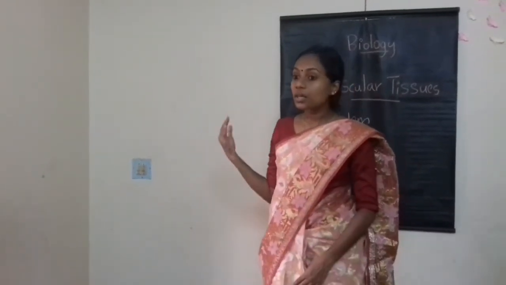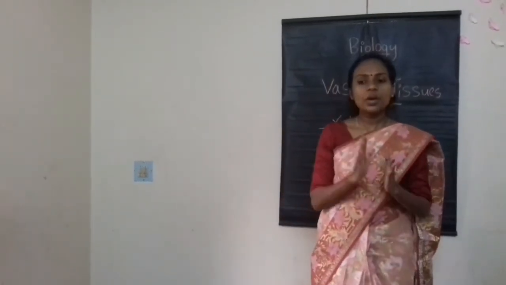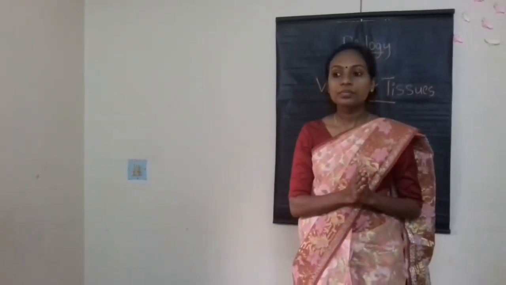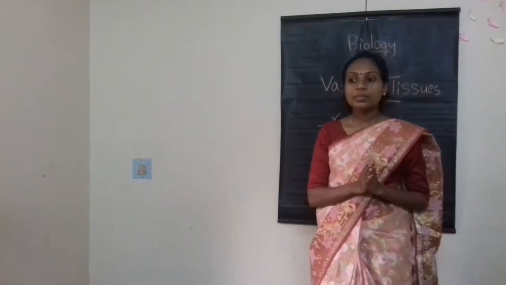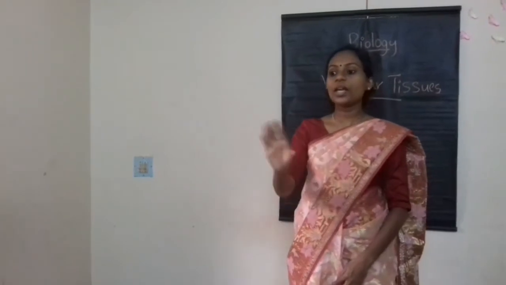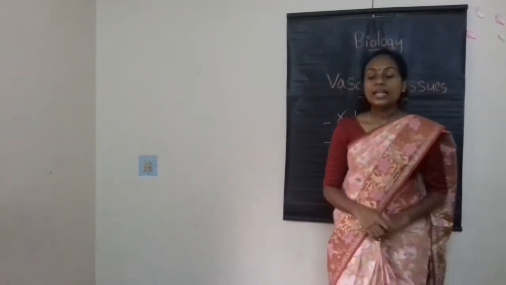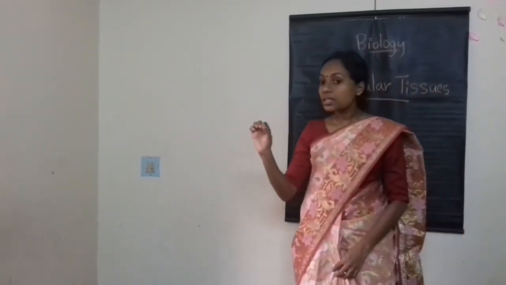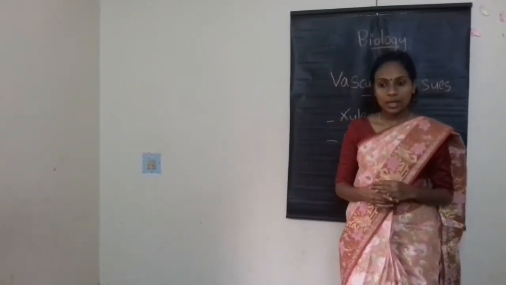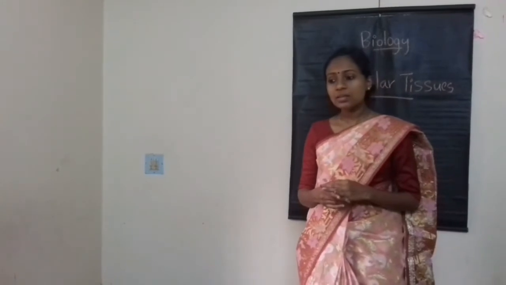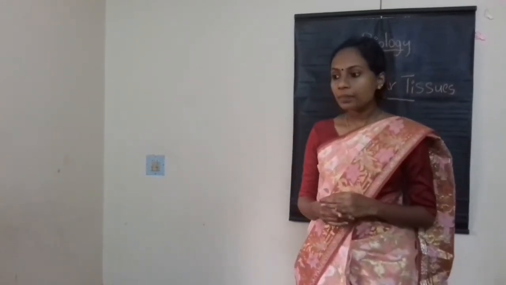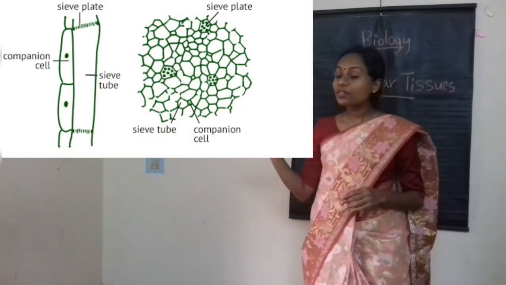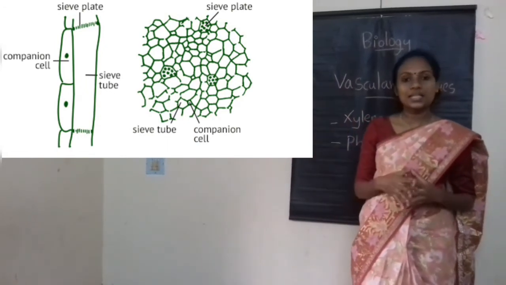Can we move to the next tissue, phloem? What is the function of phloem? Conduction of food from leaves to other parts. Very good. Next, this phloem also contains certain parts. Have you heard about those parts? Yes. Sieve tubes and companion cells.